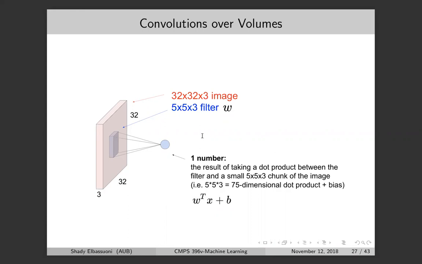Why 75? Because you have 5 by 5 by 3, that's the number of weights: 25 times 3, 75 weights times 75 pixels. That gives you a 75-dimensional dot product plus the bias, of course, w transpose x plus b. The idea is just extending this over volumes.